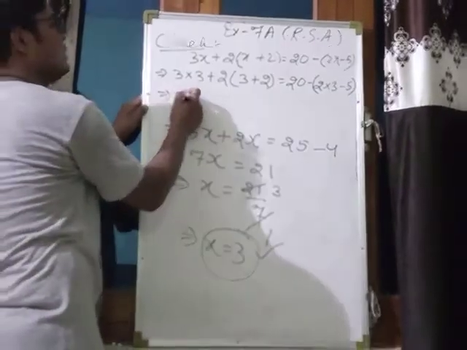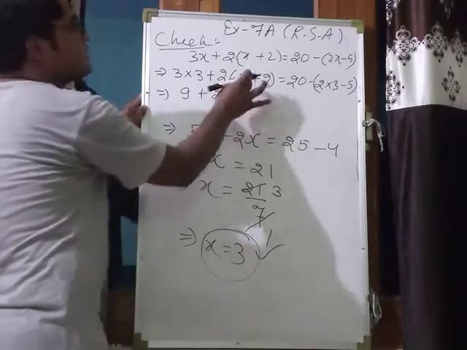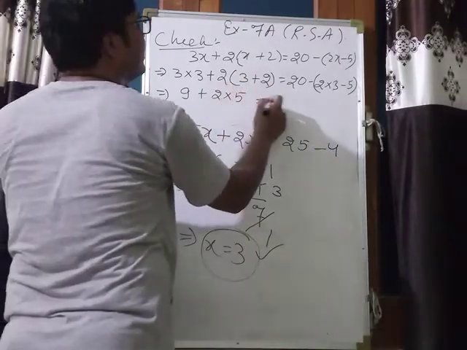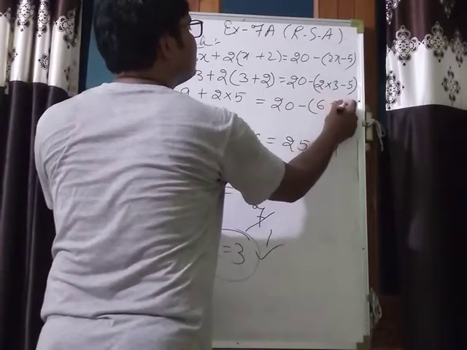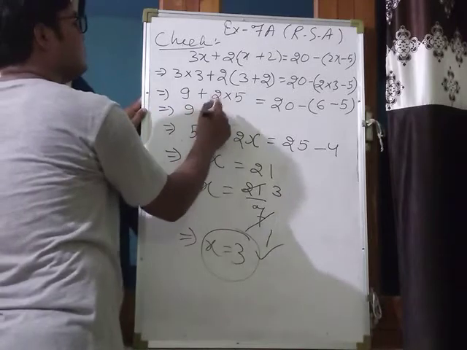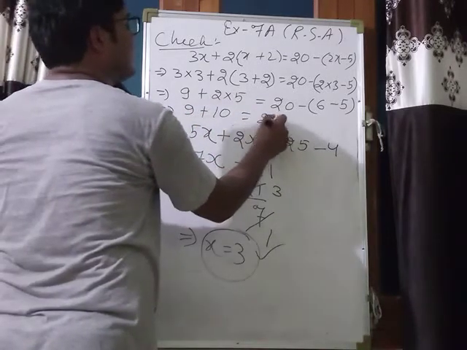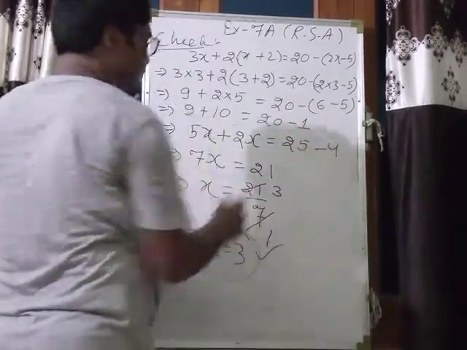So 3 into 3, 9 plus 2 and solve this bracket, that is 3 plus 2, 5, equal to 20 minus 2 into 3, 6 minus 5. So it will become 9 plus 5 into 2, that is 10, equal to 20 minus this is 6 minus 5, 1.